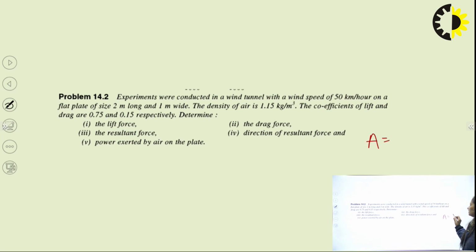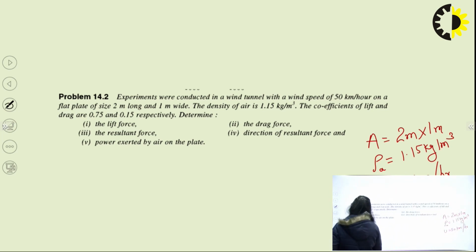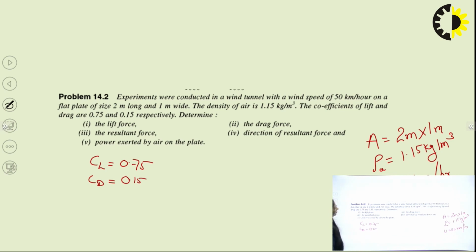The area is 2 meter by 1 meter, the density of air is given as 1.15 kg per meter cube, and the coefficients of lift and drag are given: CL is 0.75 and CD is 0.15. Determine first the lift force, second the drag force, third the resultant force, and fourth the direction of resultant force.